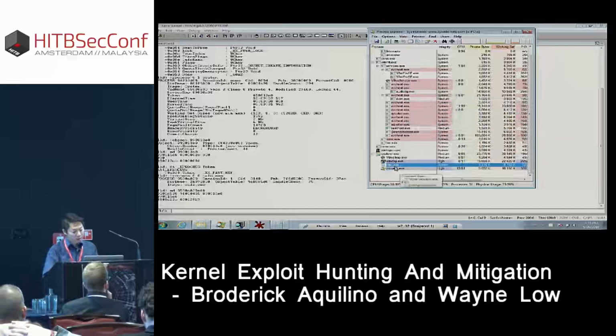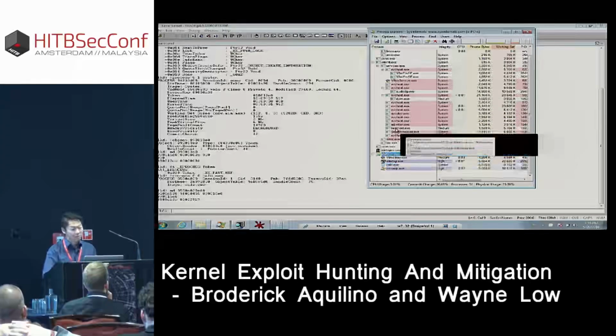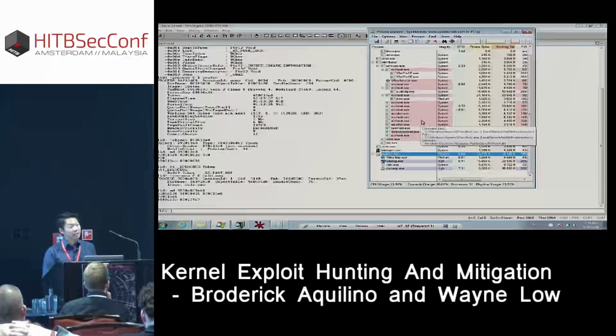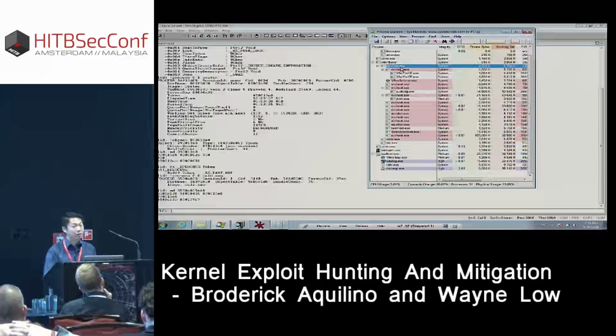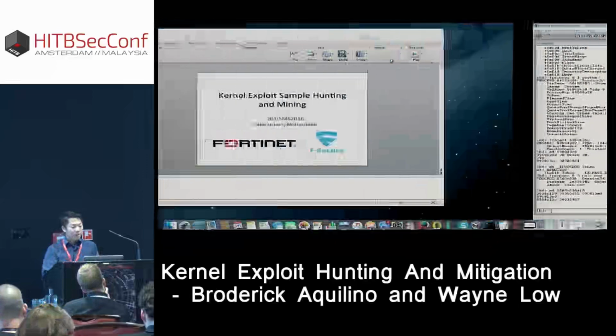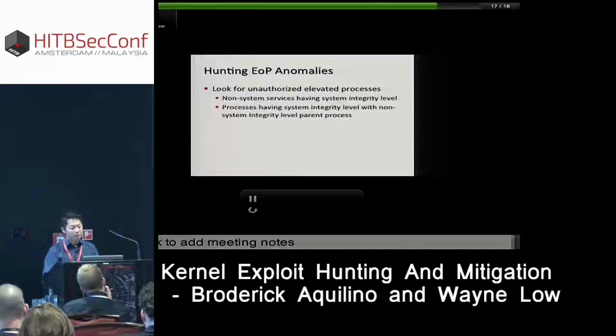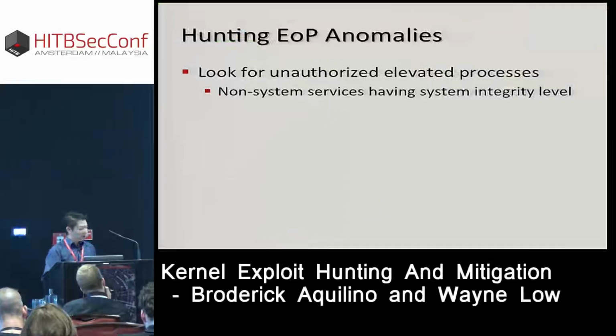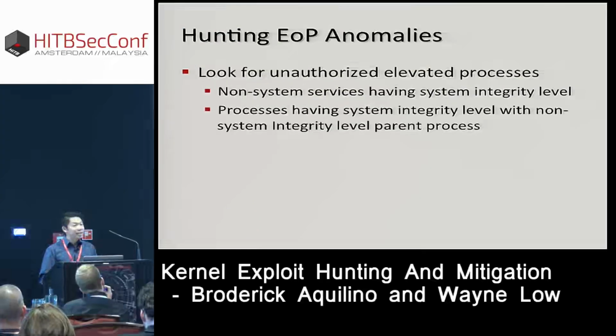Like, one is that the parent should not be Explorer.exe, or if it's a system service, then its parent should be services.exe. But with this approach, we need to consider that there are processes that are started by Windows at startup. So that means that some form of whitelisting is needed. Therefore, a more generic check that we can use is, instead of checking the process name, we check the integrity level.